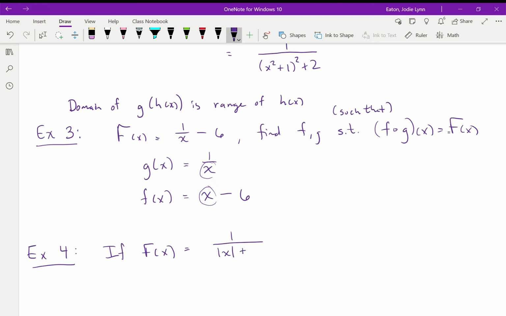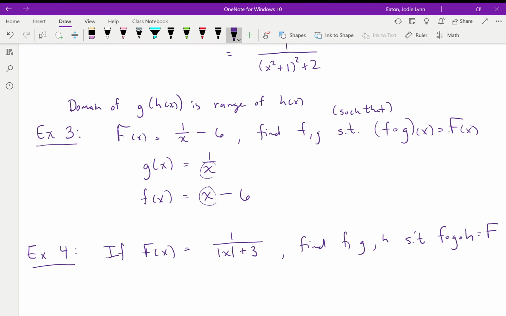So if F of x is 1 over the absolute value of x plus 3, we want to think about what happened in what order. What was the first thing, second thing, and third thing? Okay, so we want to find f, g, and h such that f composed with g composed with h equals big F.